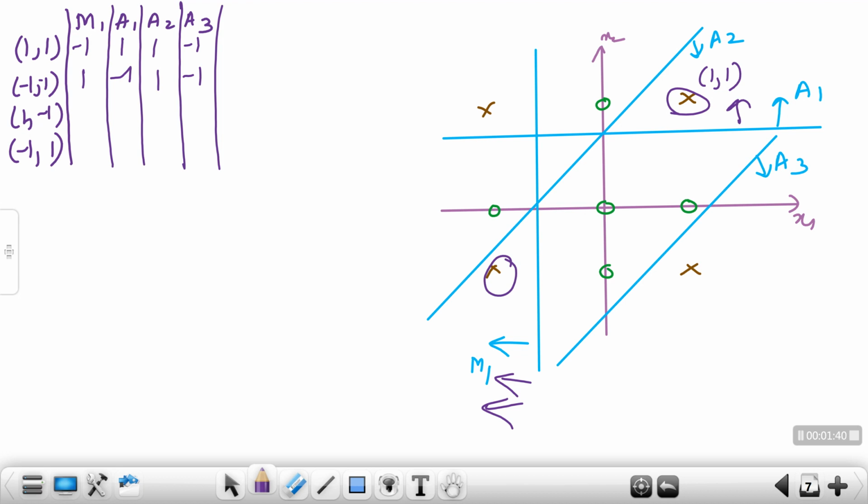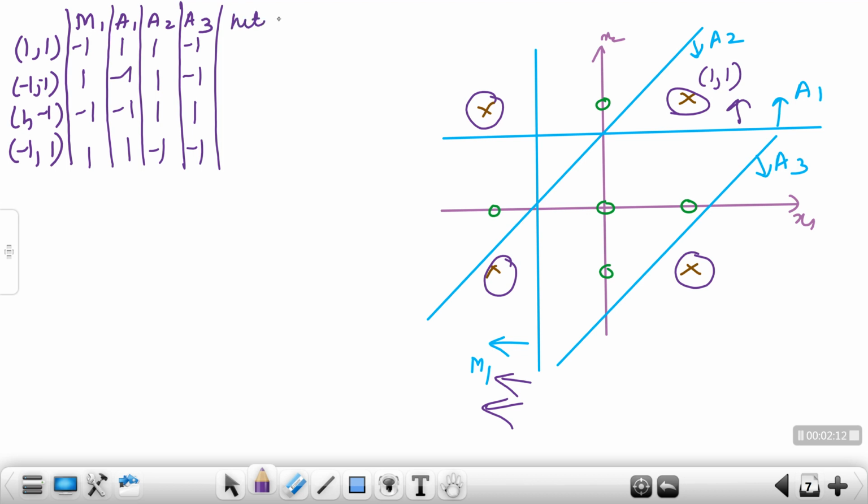Similarly for the point (1, -1), here M1 is negative, A1 is negative, A2 is positive, A3 is positive. And for the last point, (-1, 1), M1 is positive, A1 is positive, A2 is negative, A3 is negative.